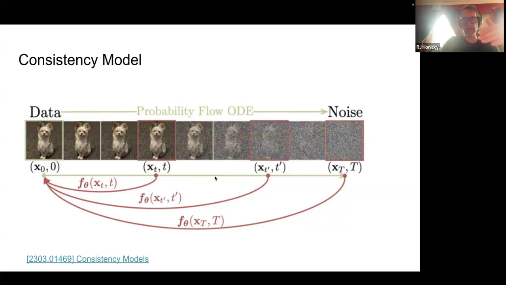In this case, it's straight, but this is one of those curvy trajectories from the previous diagram, and it's mapping back to this data, this image at x0. This is the data that this particular noise best corresponds to, right? So the idea is that I'm mapping all the way from any point on that trajectory.